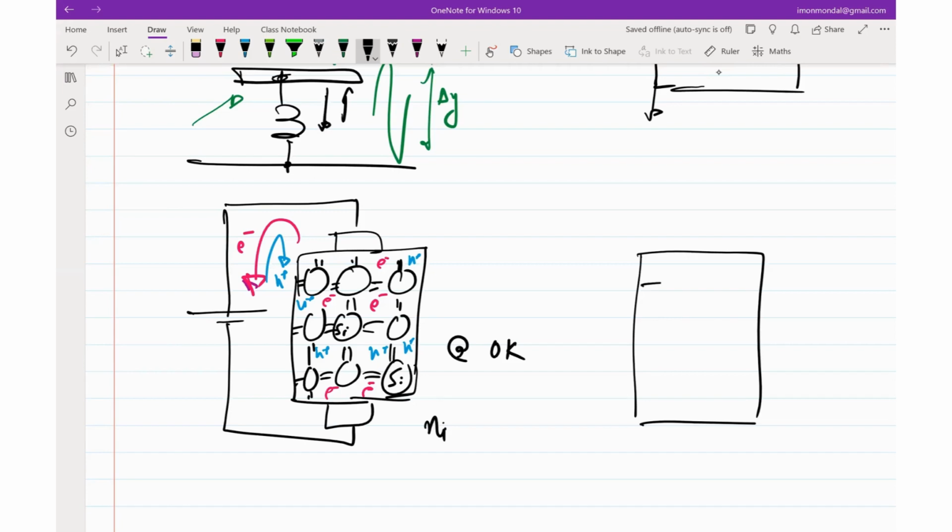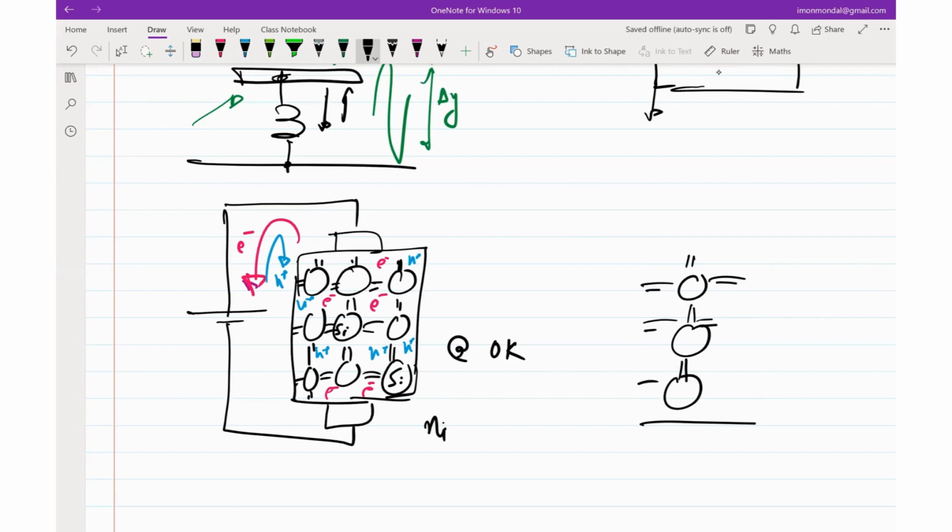So essentially, here it was initially silicon. Now let's say it becomes arsenic. And let's assume further that the neighborhood is all silicon.